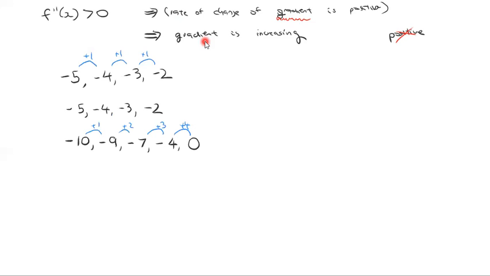Minus 10, minus 9, minus 7, minus 4, 0. This is increasing. And in fact, it's just increasing. But the rate, no one ever said had to stay the same. So I've got one that's increasing faster, but I could also make it increase slower. So I could have negative 10, negative 9, negative 8.5, negative 8.4, negative 8.35, negative 8.33.